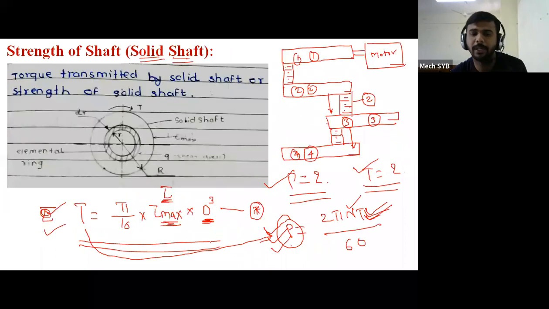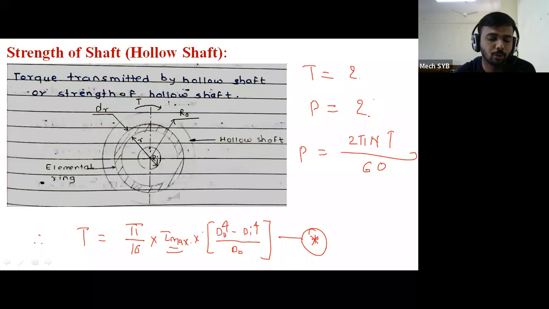Therefore, in case of a solid shaft, only the d cube term is there, and in case of a hollow shaft, you have the two diameters as do raised to 4 minus di raised to 4 divided by only do. And by using this formula, we can calculate the torque transmitting capacity of the hollow shaft.